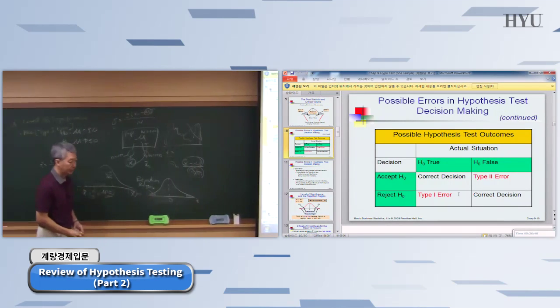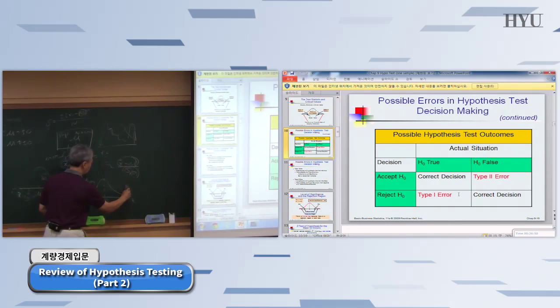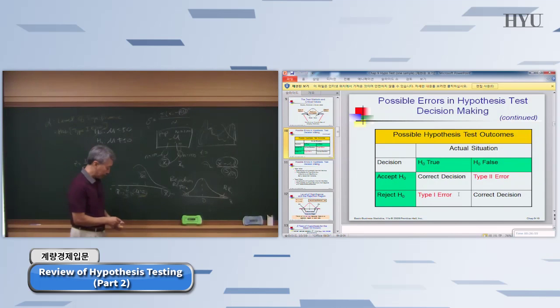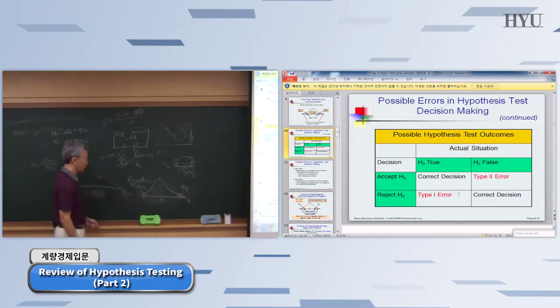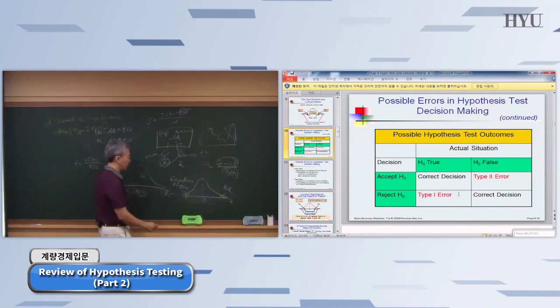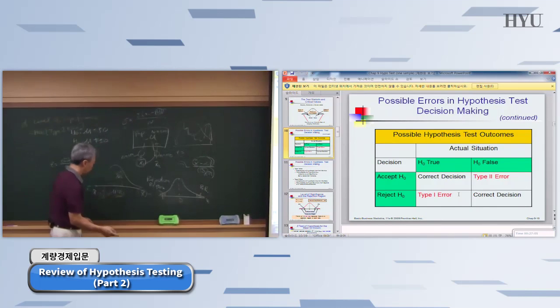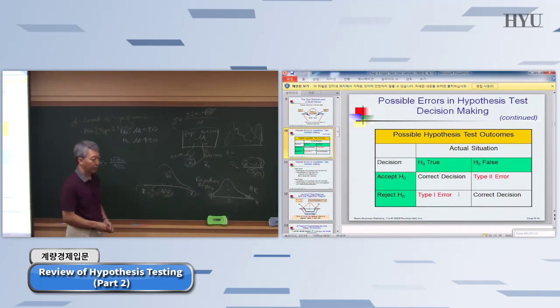Rejection region, right? On both sides. Okay? And if our test statistic falls within the rejection region, like this, right? Then, because our test statistic is too far away from 0, which means our sample mean was just too far away from hypothesized value, right? We will decide to reject the null hypothesis, right?